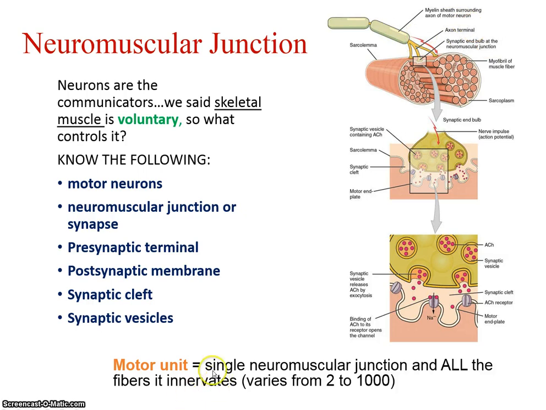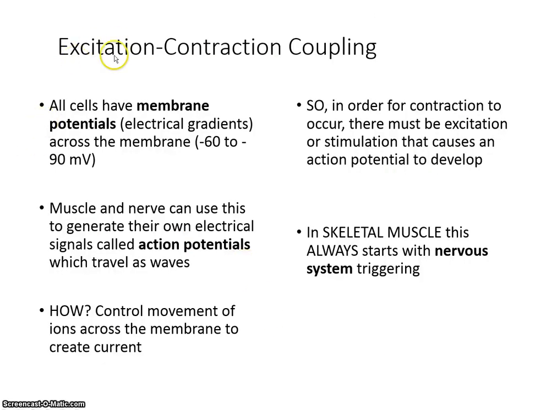I say it's a single neuromuscular junction, but that means everything that the motor neuron makes contact with. And that varies from just 2 cells to thousands. This has to do with our fine motor control and our gross motor control, if you're aware of what that is. All right, so this excitation contraction coupling, lots of words.